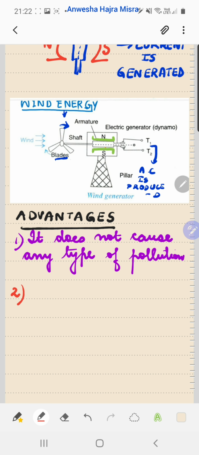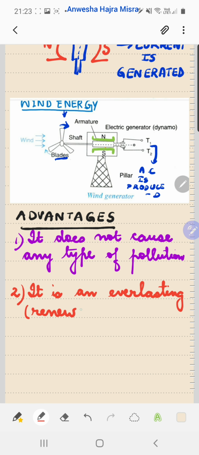Number 2, it is an everlasting source. It is everlasting because it lasts for long. It is a renewable source.